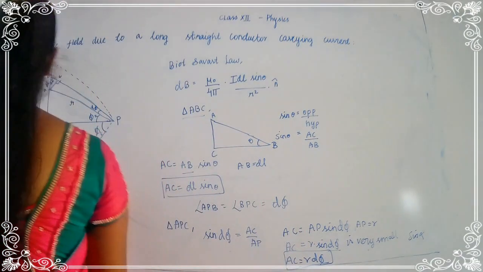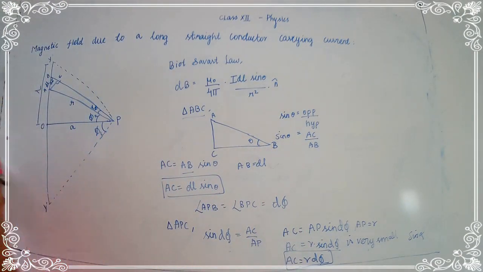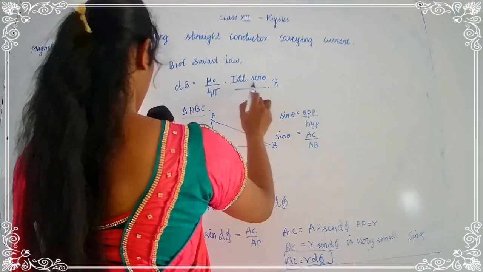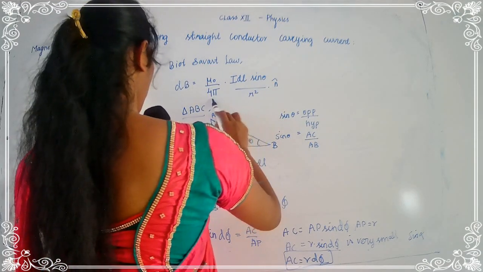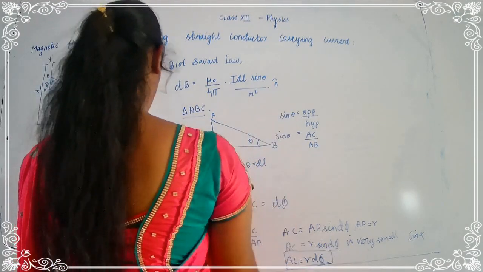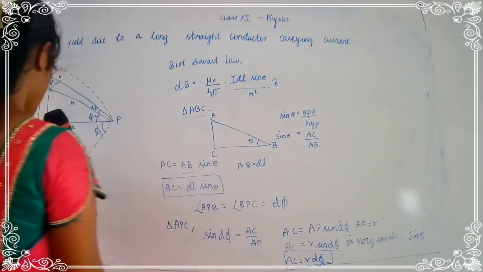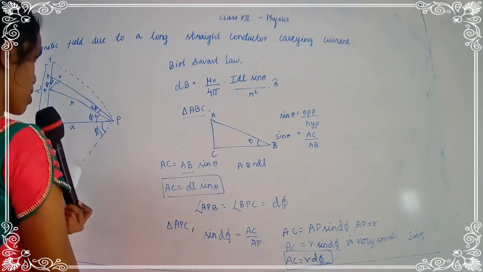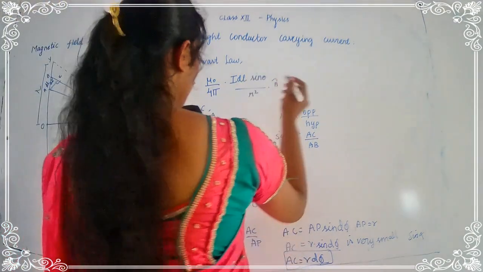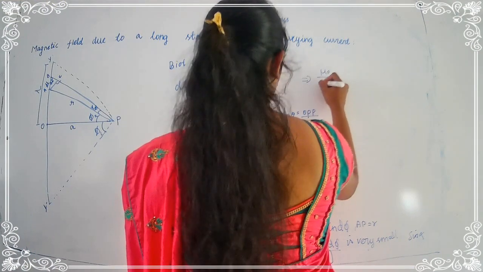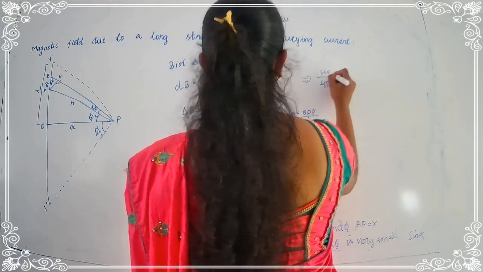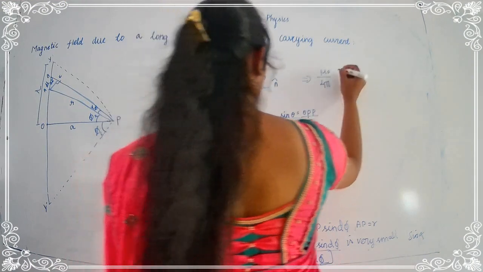Right, now dB is equal to mu naught by 4 pi I dl sin theta by r square n cap. Here you apply it.